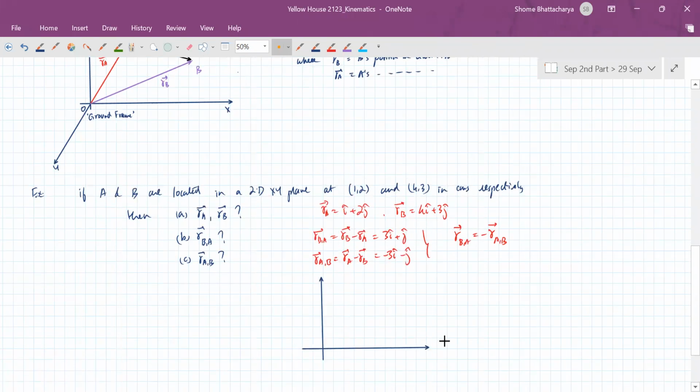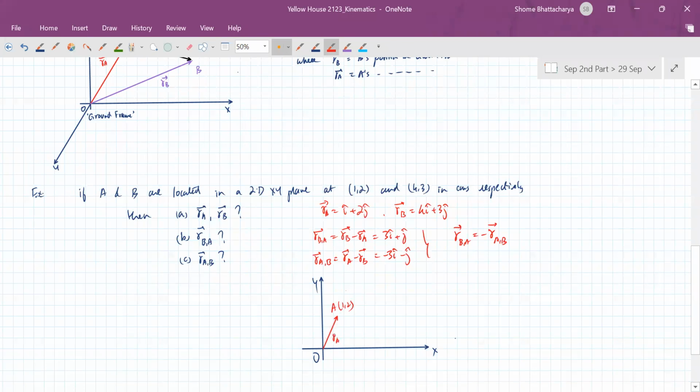If this is your ground frame, the two-dimensional XY plane, currently A is located somewhere over here, at 1, 2.